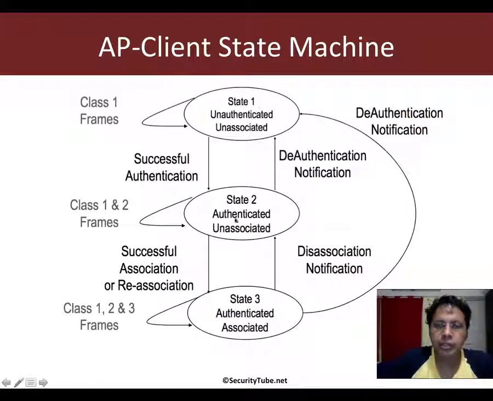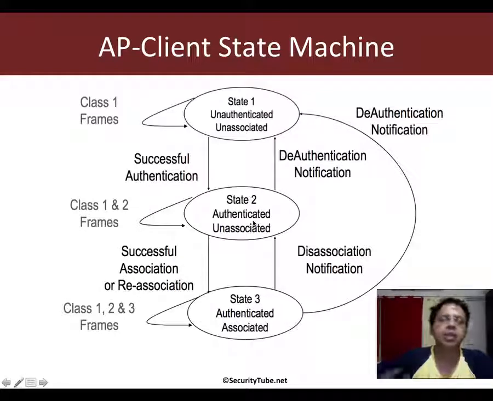Now, there can be a lot of transitions happening between these states. As an example, if authentication does not succeed, then we are always in state 1. If authentication has succeeded, but we are unassociated for whatever reason, then we are kind of jailed in state 2, right? Now, when we are in state 3, authenticated and associated, if a disassociation packet is sent, then we go back to state 2.